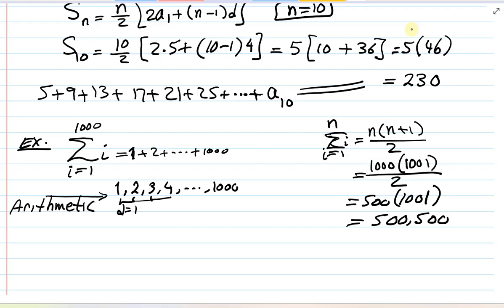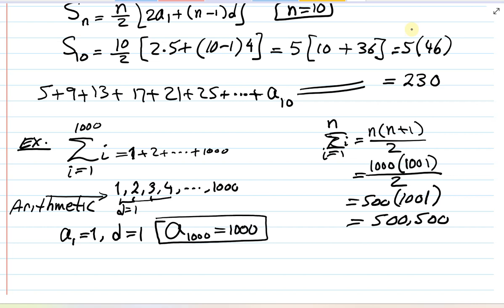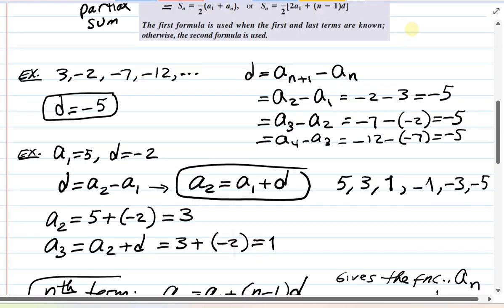All right, so let's write the specifics of this sequence. The first term starts with 1, and the common difference is 1. And just so you know that, let me put this: a sub 1,000 is 1,000. I'm going to write this because I'm also going to use two formulas.